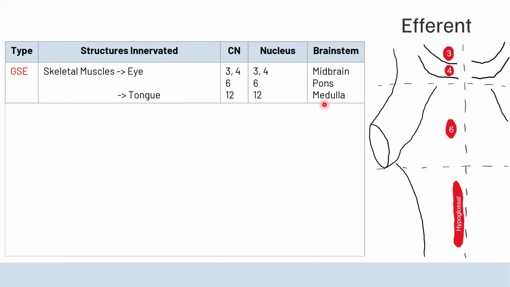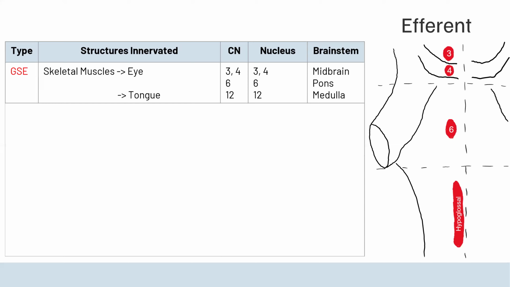Perfect. Moving on now, what was our second thing? What was slightly lateral to our general somatic efferents? What is always sandwiched? GVE. Okay. So GVE would be correct if we were not in the brainstem, where we have our pharyngeal arches.